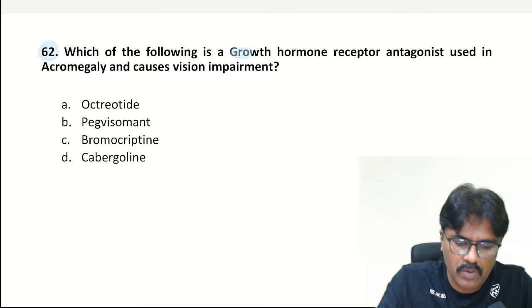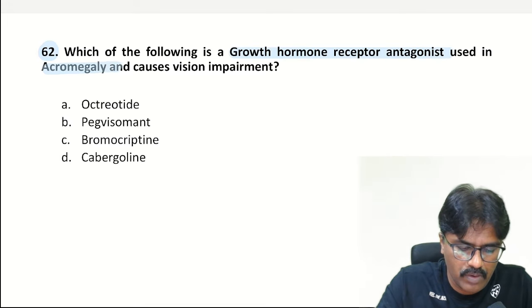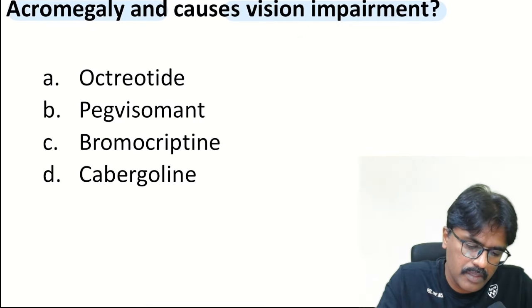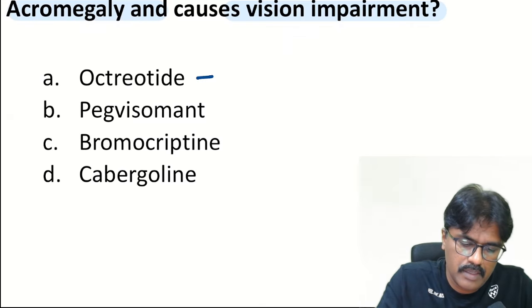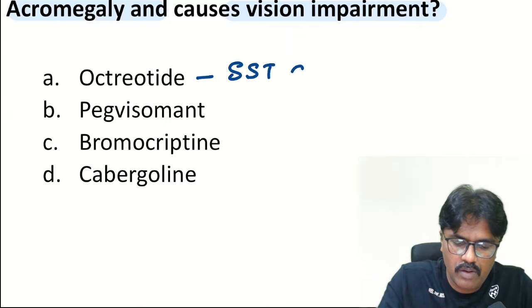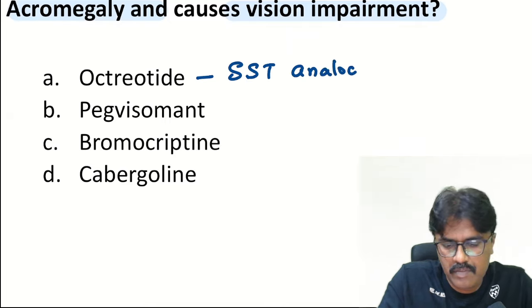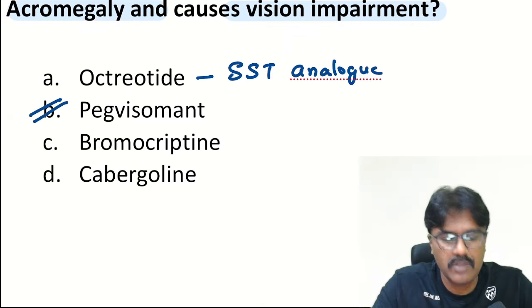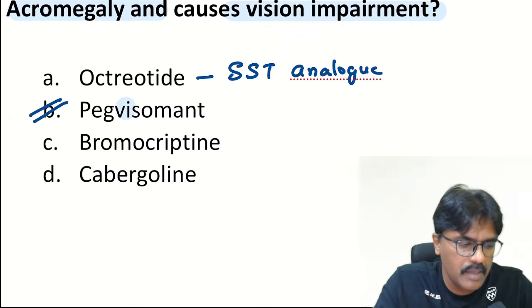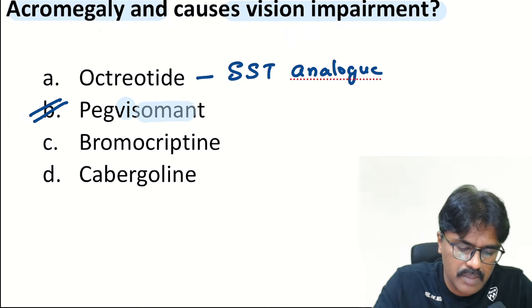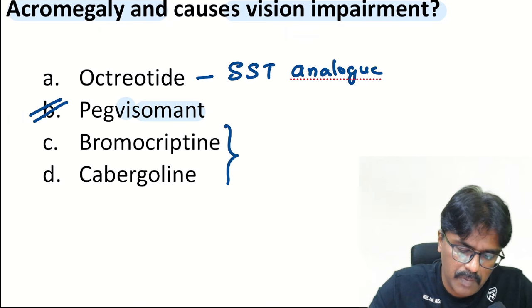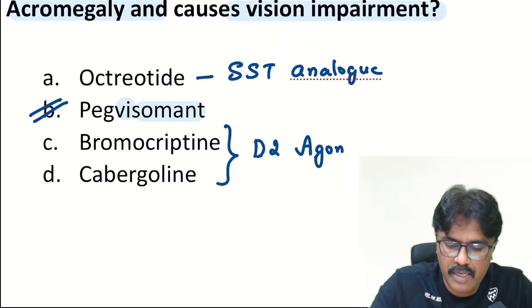Which of the following is a growth hormone receptor antagonist used in acromegaly and causes vision impairment? Octreotide is also used for acromegaly. It's a somatostatin analog. But that is not the answer. The answer is pegvisomant. So remember, pegvisomant as VI, vision impairment. Somant means it's a growth hormone antagonist. Cabergoline, bromocriptine, they are also D2 agonists, which can also be used in acromegaly.